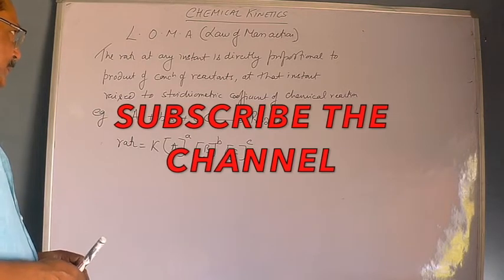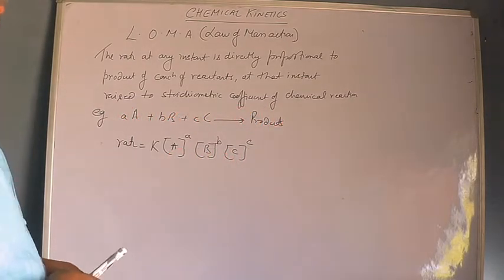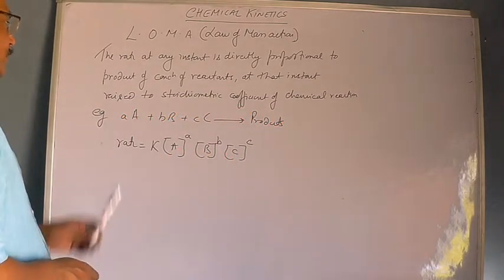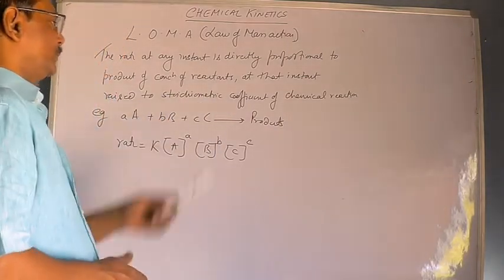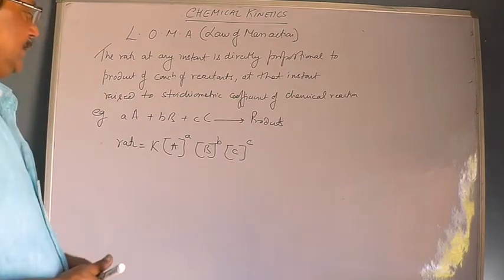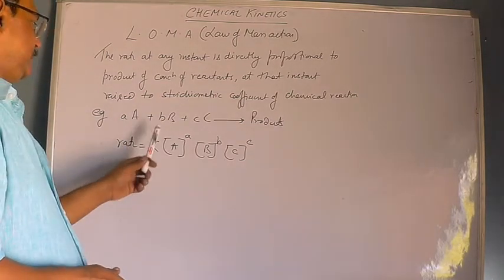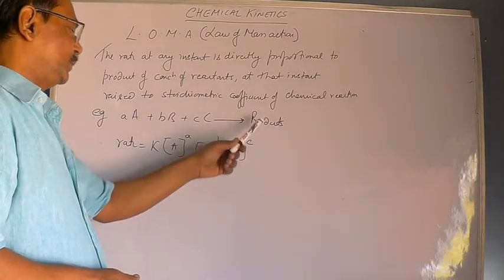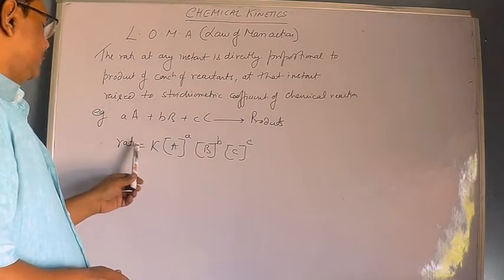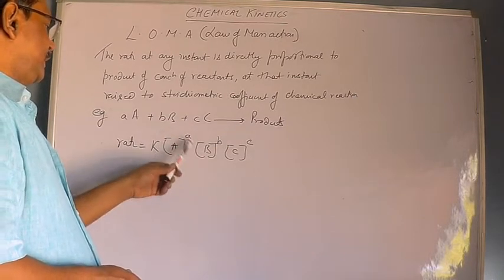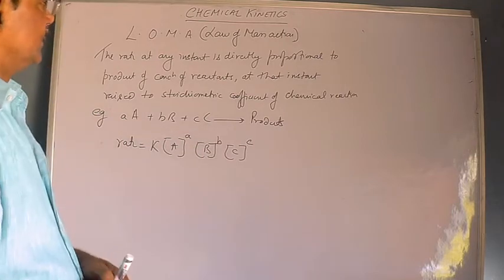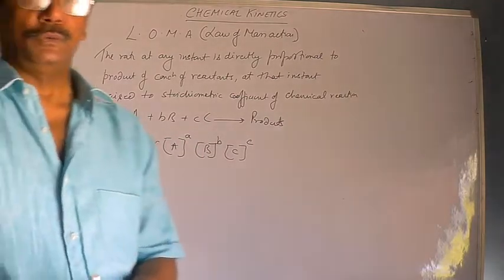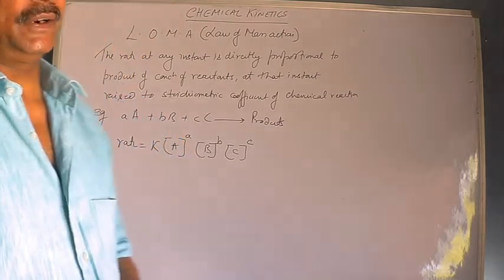So I repeat again, the law of mass action: the rate at any instant is directly proportional to the product of the concentration of reactants at that instant raised to the stoichiometric coefficient of the chemical reaction. So I can write the rate will always be equal to some constant K, [A] to the power a, [B] to the power b and [C] to the power c. So class, this is your LOMA expression, and it is a very important line.